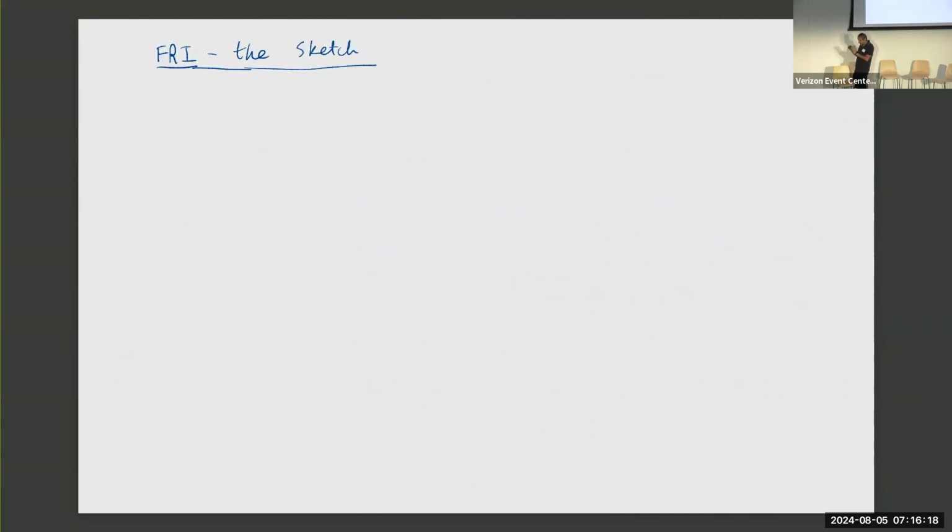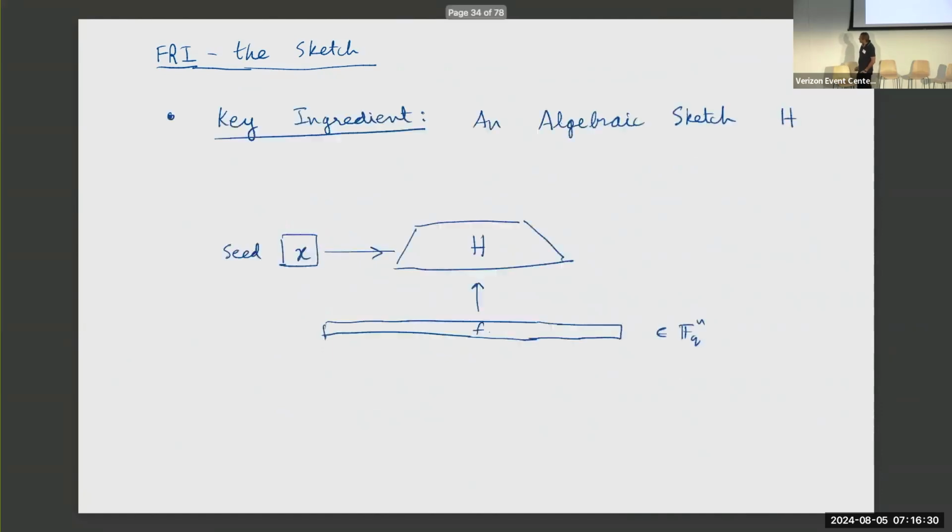Good. So now I'm going to go into the insides of FRI, and as we go inside, we will see this limitation that it only works over certain finite fields, and then I will talk about how that can get addressed. The key ingredient of FRI is an algebraic sketch. I'm using the word sketch to mean something like a hash function.